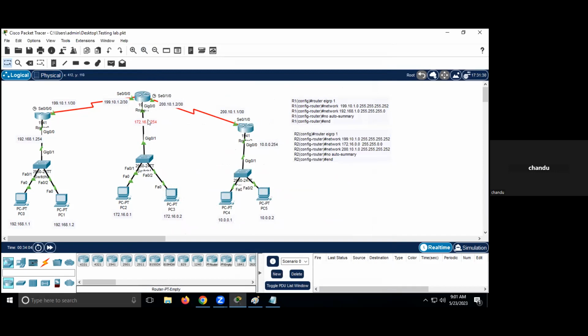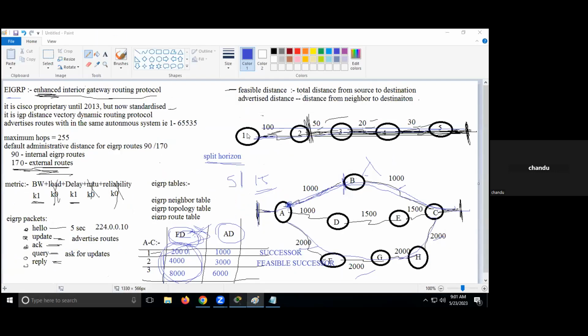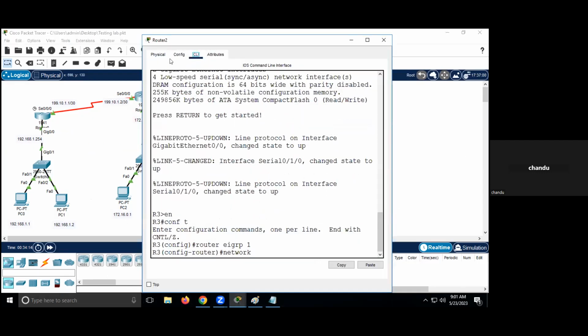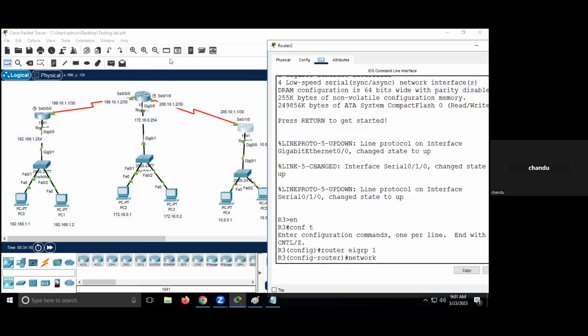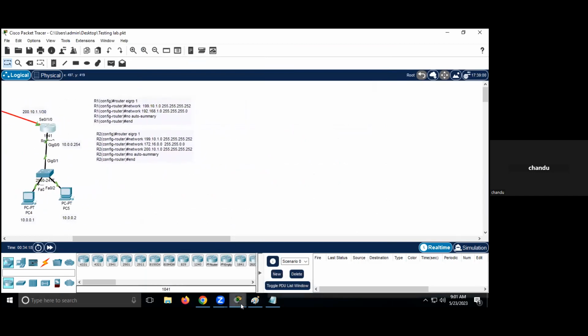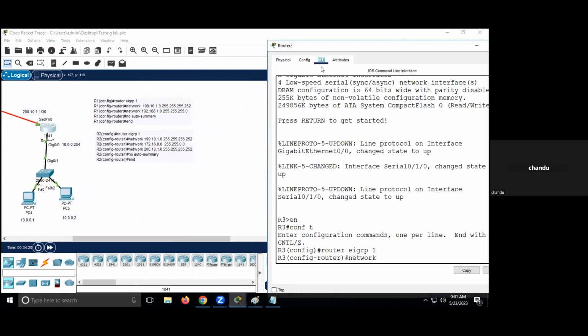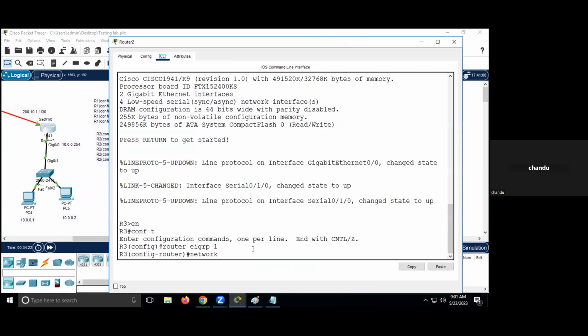What networks do we have? This we have to advertise. 172.16. So router EIGRP 1 network is 10.0.0.0 and 255.0.0.0.